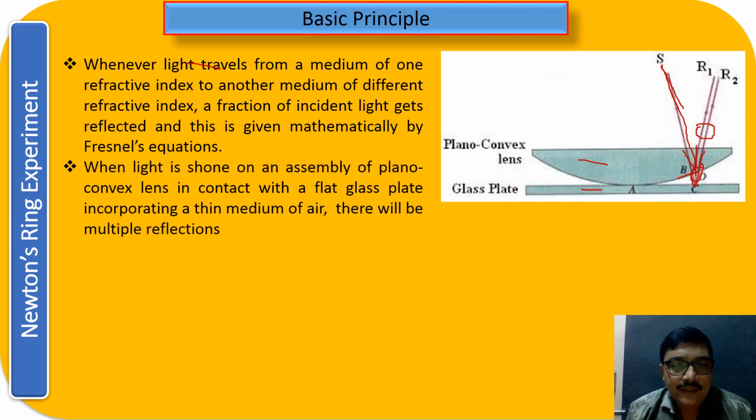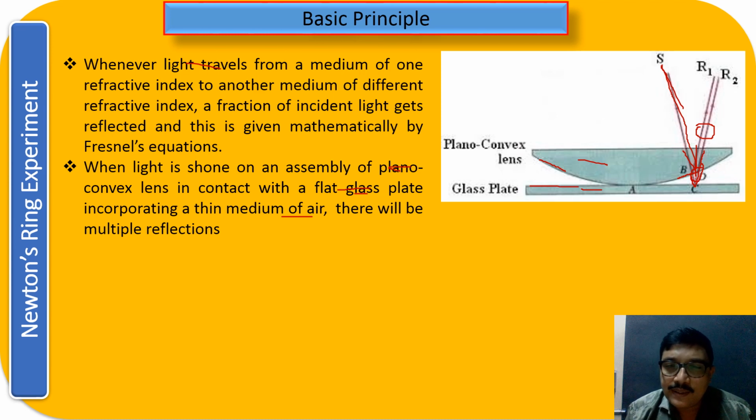Just see this. What you can see in the right side diagram is a flat glass plate, correct? Above that there is a plano convex lens. Between the plano convex lens and the glass plate, there is air. So between this curved surface and the plain glass plate, multiple reflections take place.